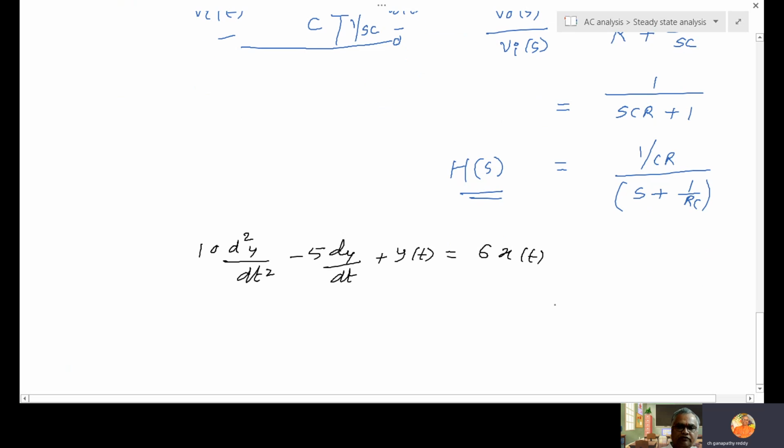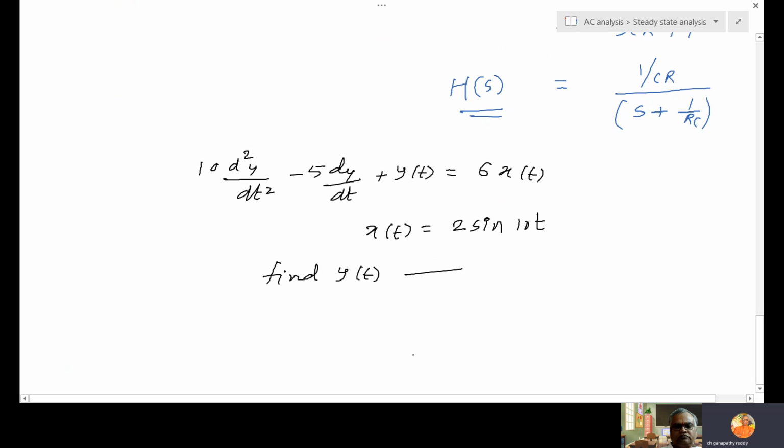This is the differential equation, and x of t is equal to 2 sin 10t. Find y of t. This is one of the problems in mathematics.